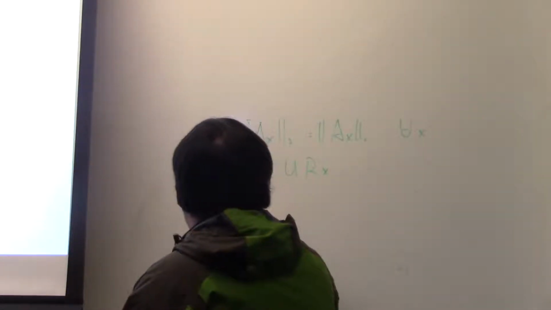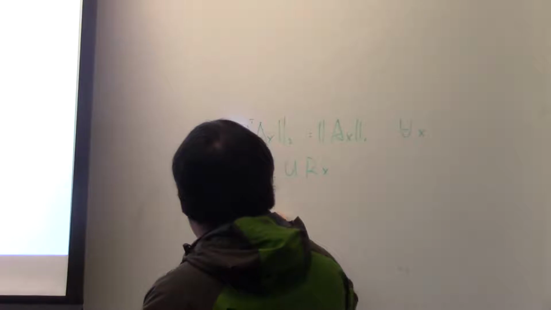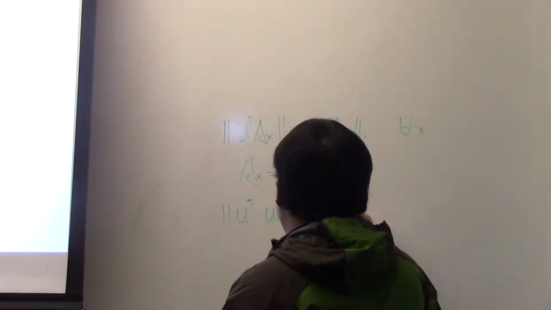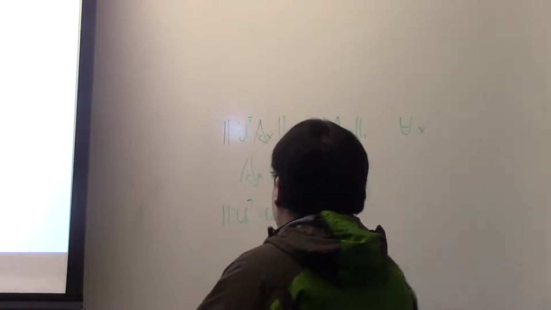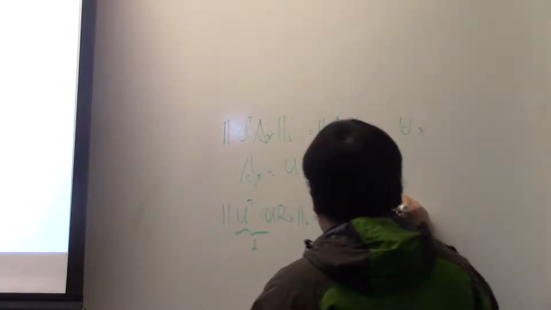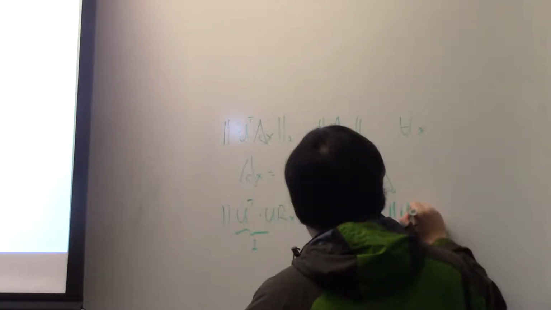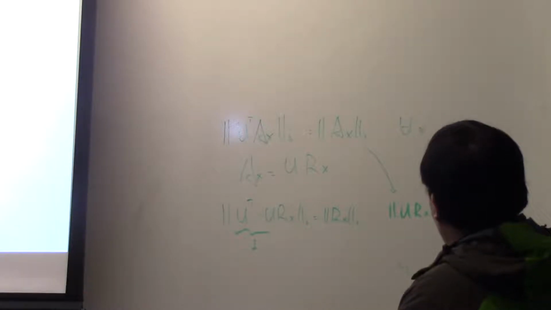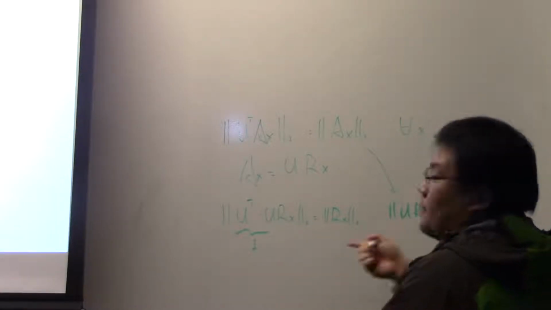And the left-hand side is U transpose times URx, and this is the L2 norm of Rx because this is identity. So for this guy, the L2 norm of URx is also the L2 norm of Rx, right? So they are the same.